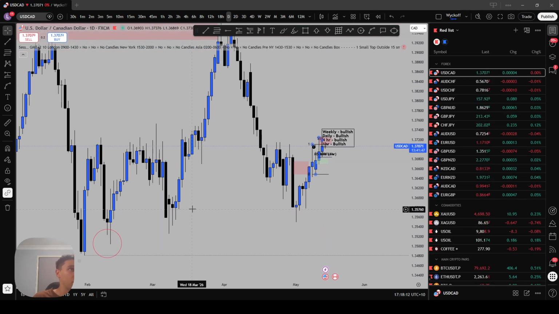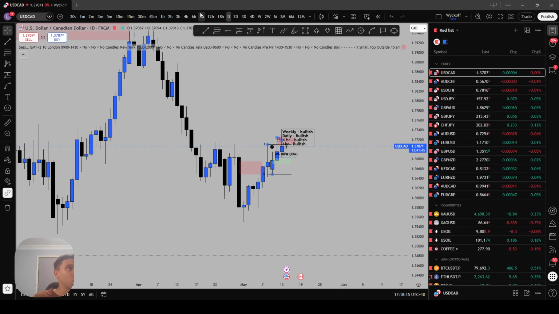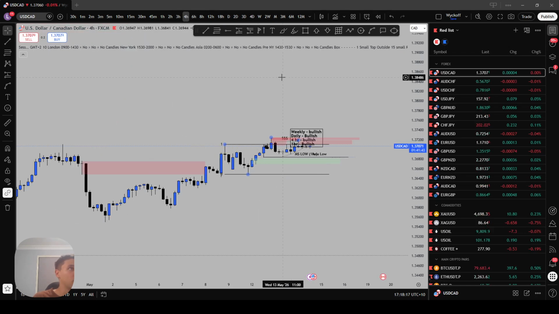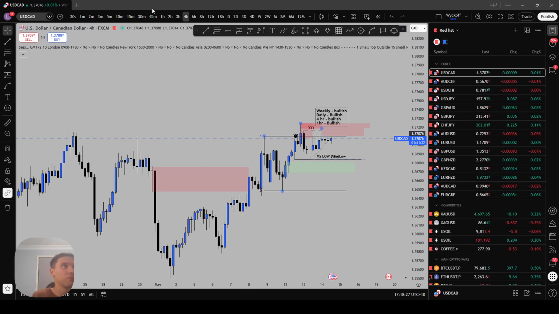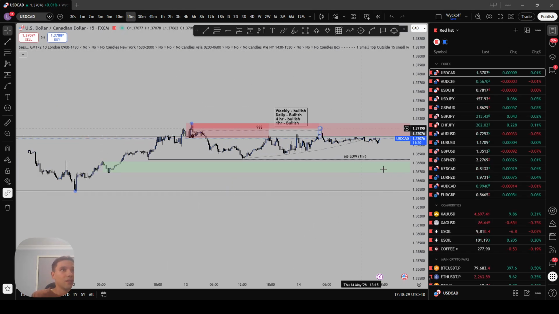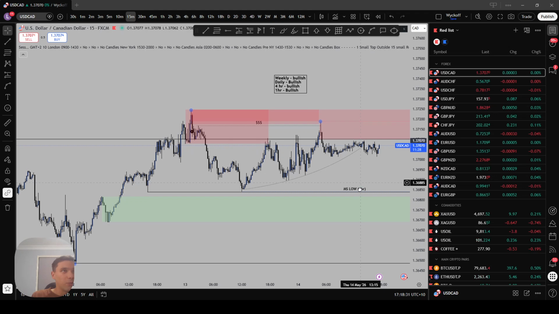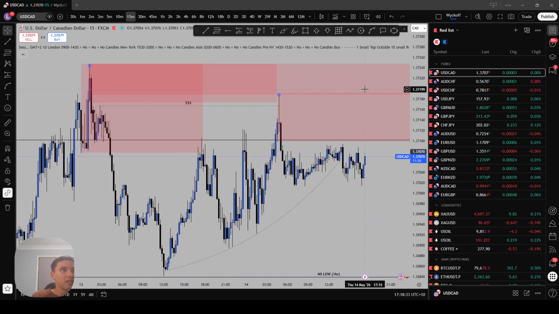That's our daily low there. So yeah, it is kind of an awkward one. We spoke about this yesterday. We're just bullish, but they're all weak breaks of structure.